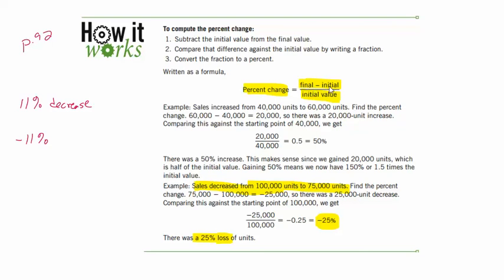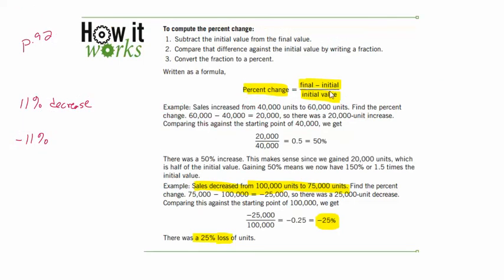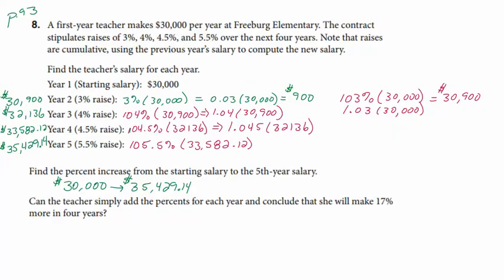We subtract and divide by the initial value, the starting salary. So we want to know what was the percent increase over these 5 years, over the whole 5 years, not each year, but the whole 5 years. All right, so pause the video, use this formula, and figure out the percent increase from year 1 to year 5.